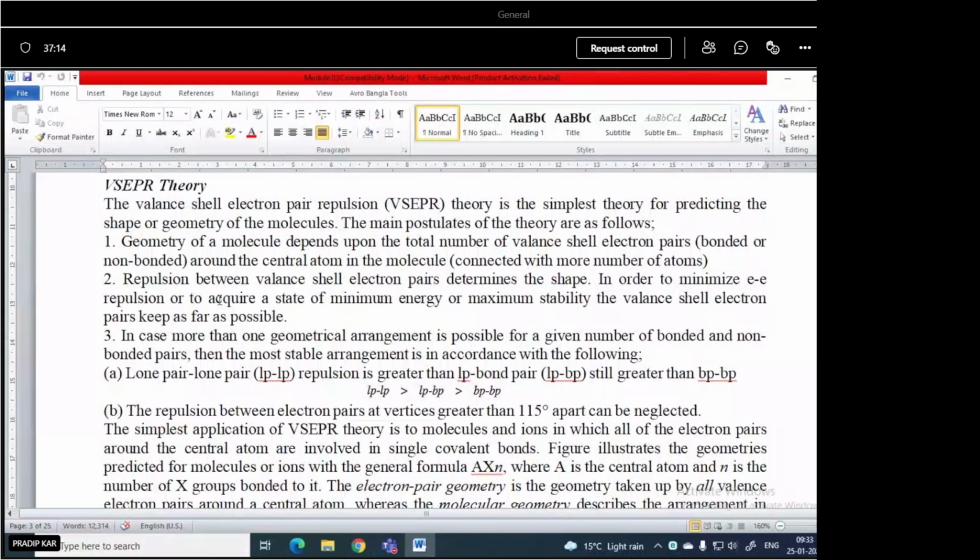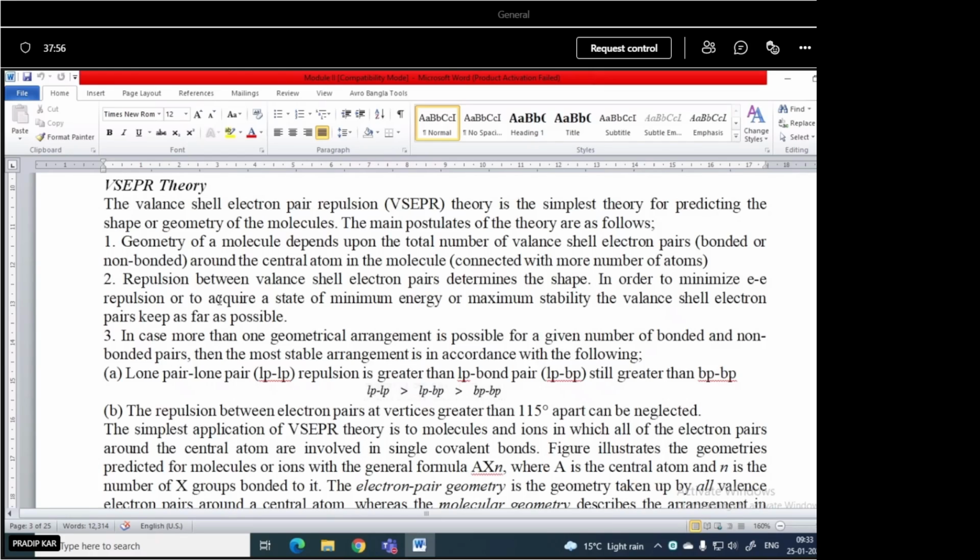In case of more than one possible geometrical arrangement, the arrangement depends on the repulsion, bonded or non-bonded electrons. In that case, lone pair repulsion is greater than bond pair repulsion, because a bond pair is shared with the other center, so the repulsion is decreased. A lone pair is solely present on that atom, that is why the repulsion is more.